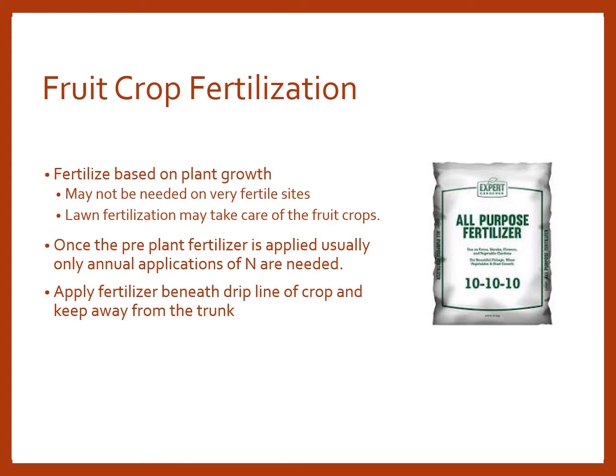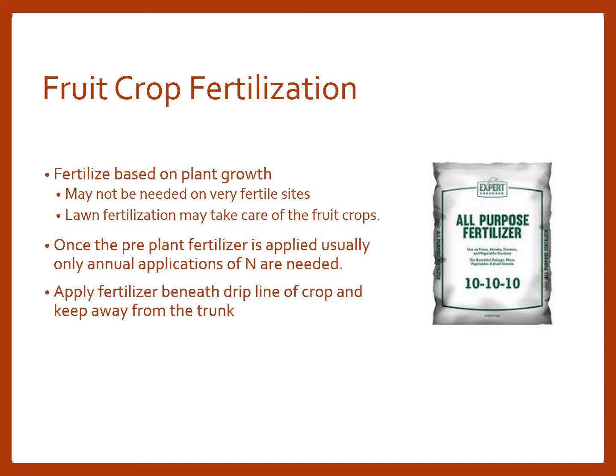Fruit crop fertilization is something that we need to take into account. Obviously, if you've not planted an orchard yet, it's a good idea to go ahead and take a soil test. But after the plants are established, you want to fertilize based on plant growth. It may not be needed if you've got a very fertile site. Lawn fertilization can actually fertilize your fruit crops.